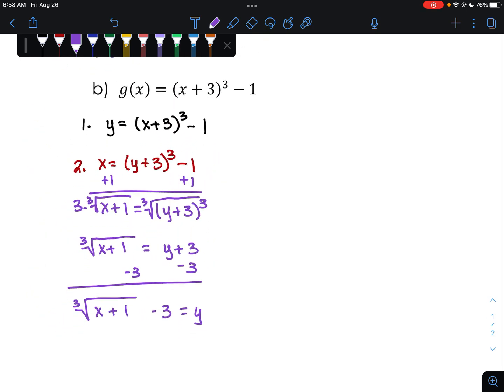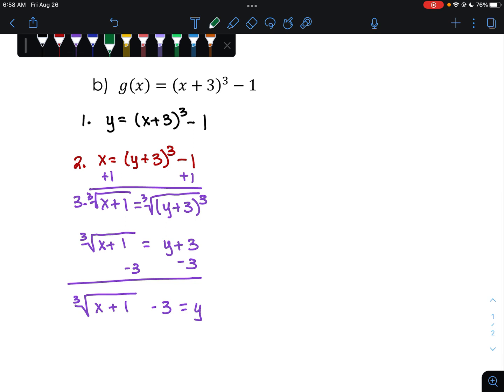And then all I need to do is rewrite it in function notation, which is g inverse equals the cube root of x plus 1, minus 3 on the outside.